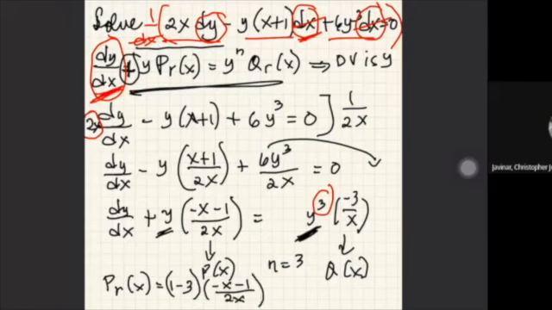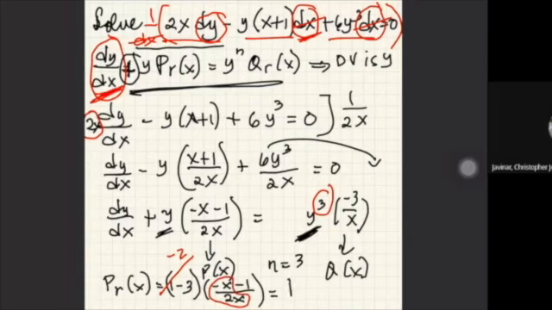Okay, so we separate the denominator. We have two terms here. 1 minus 3 is negative 2. Negative 2 times the negative first term is 1. So our answer is positive 1.